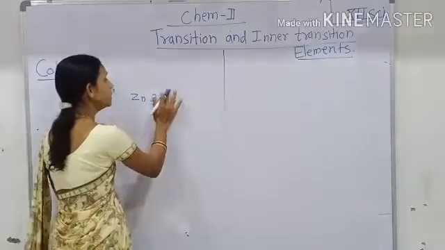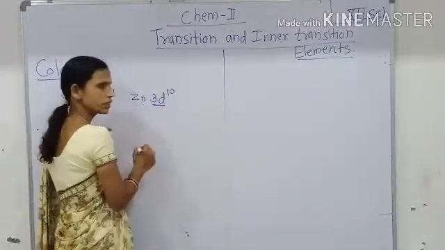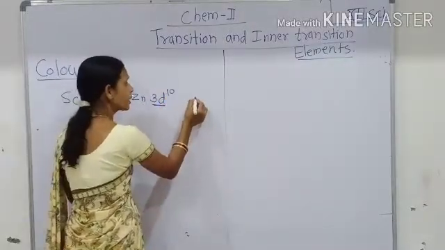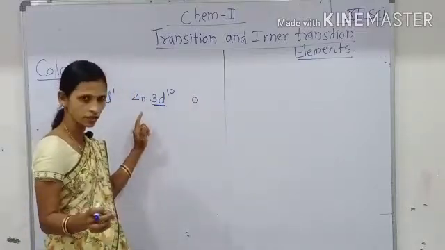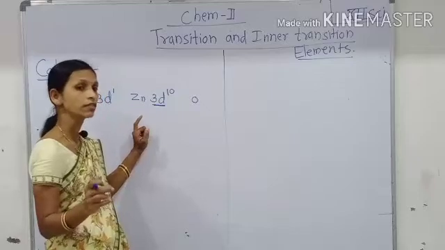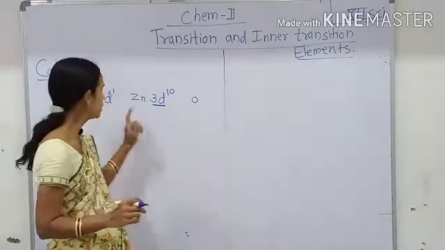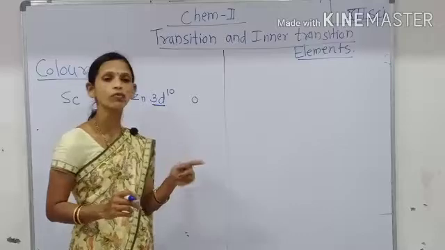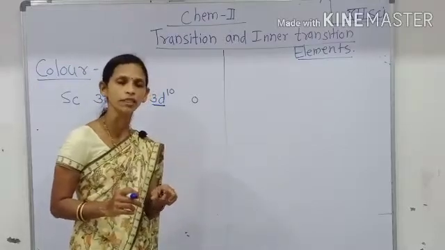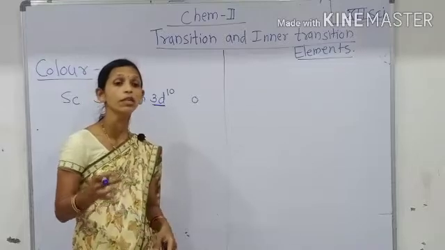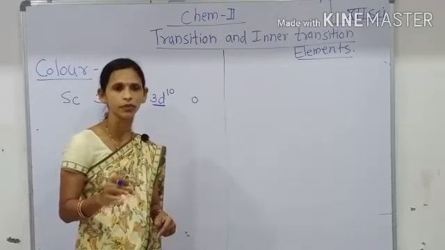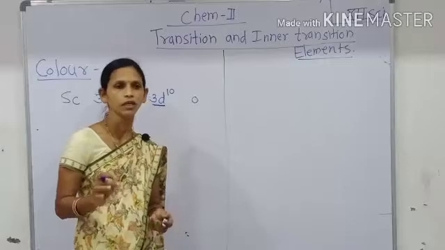That means the 3d10 electronic configuration is there and the number of unpaired electrons is 0. Therefore, zinc is colorless or has a silver color. That means the color of compounds of transition elements, or of the elements themselves, depends upon the number of unpaired electrons present in the n-1 d orbital.